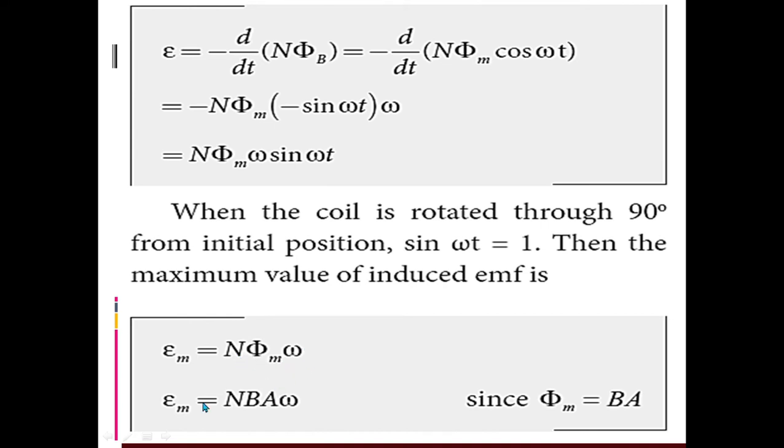Here φ_m is nothing but BA, magnetic field into area. So ε_m = NBAω. Just substituting the value of φ_m, the equation can be written as NBAω.